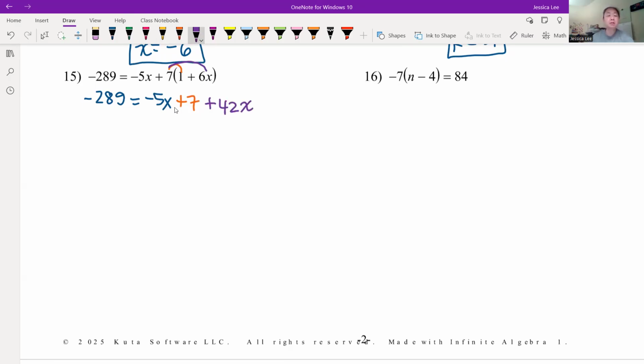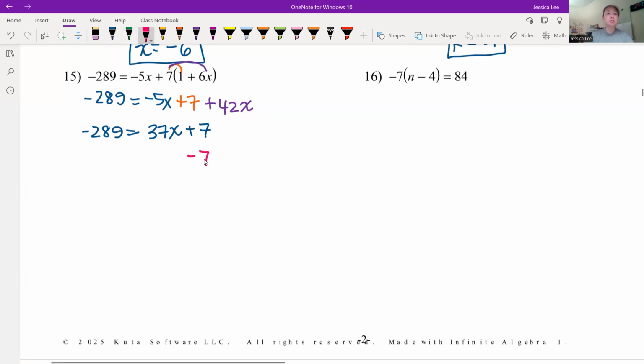I'm going to combine like terms here because they're on the same side. So negative 289 is equal to negative 5x plus 42x, which is 37x, plus 7. The 7 has nothing to add with it, so we leave it.